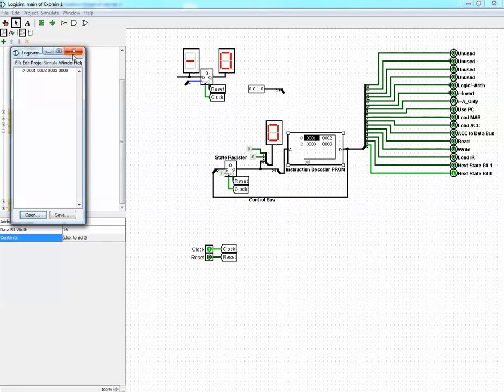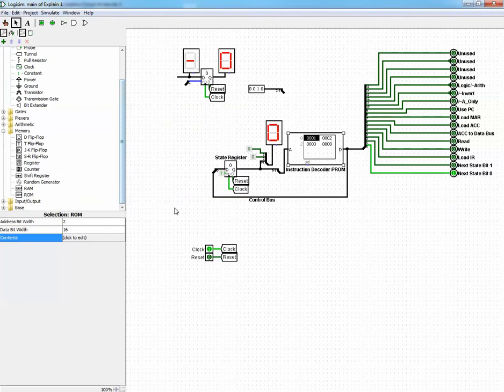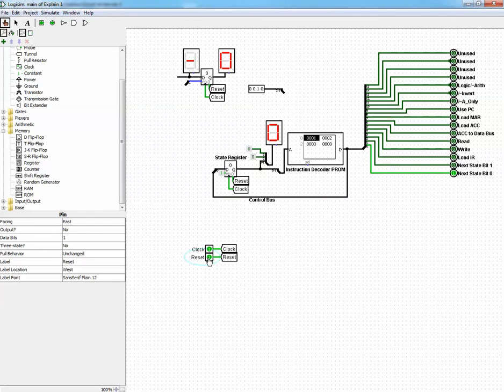Let's assume we want to tick the clock and see what happens, and then let's find out why that happened. We first reset, and then we tick the clock. 1, 2, 3, and it resets back to 0 as we expected. This is the behavior of a counter. So right now we have built a counter, but how did we do that?